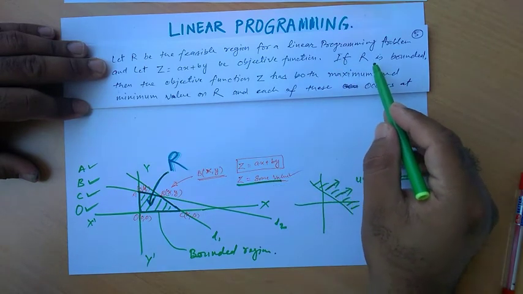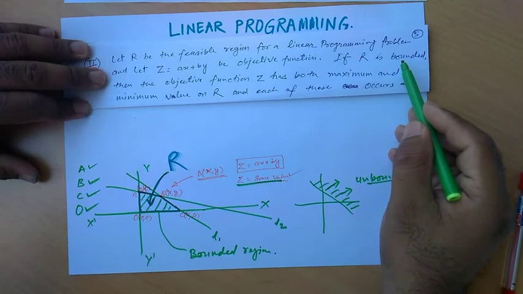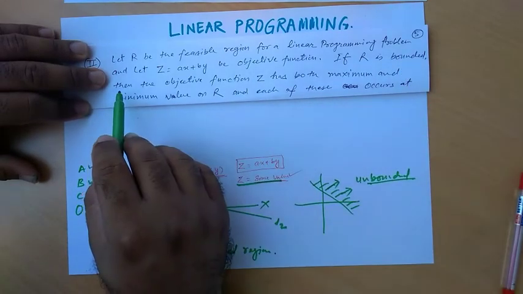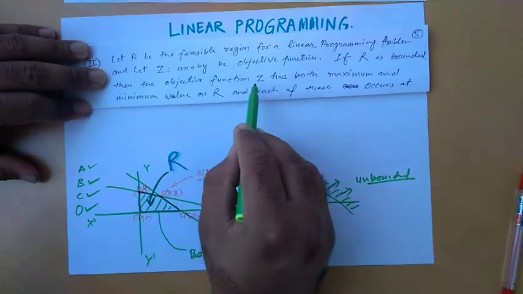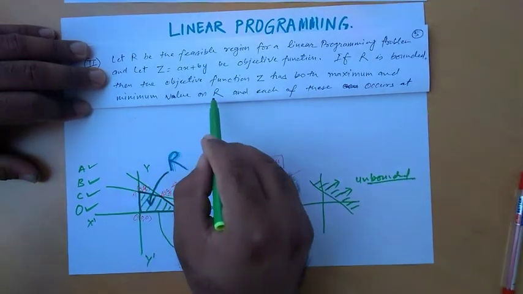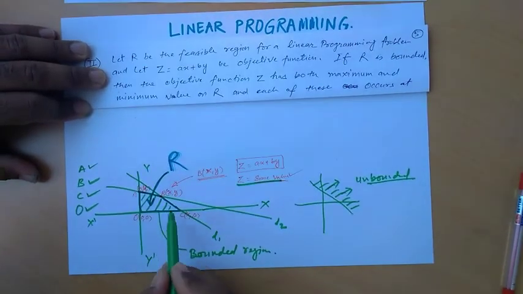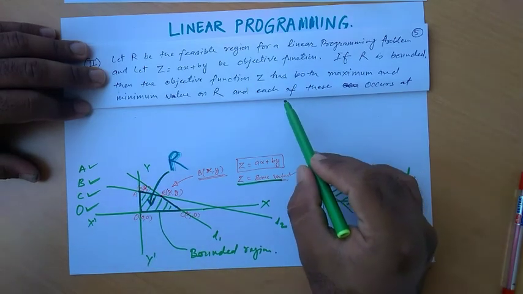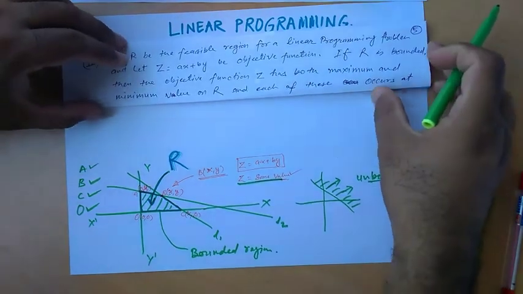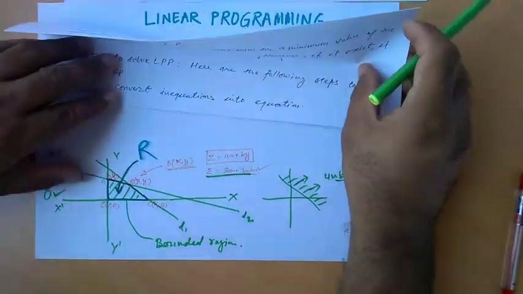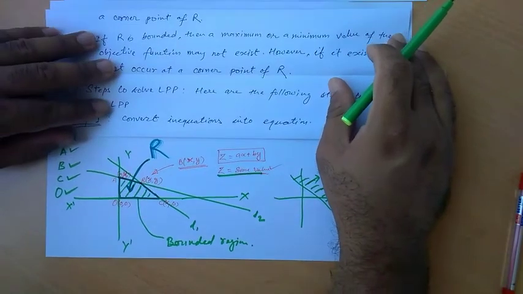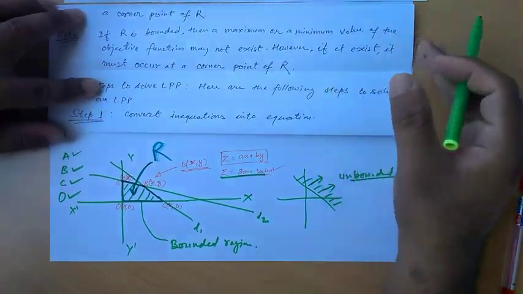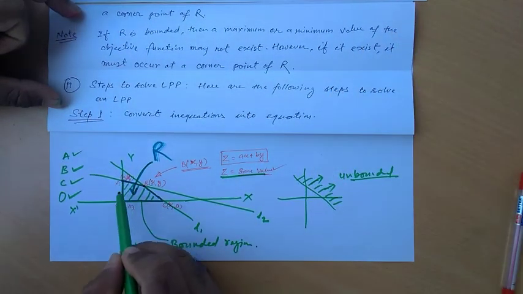Then if R is bounded, then the objective function Z has both maximum and minimum value on R. Definitely you will get both values, maximum and minimum, in this feasible region, and each of these occurs at a corner point of R. So again it is stating that you will get your answer on the corner points only.